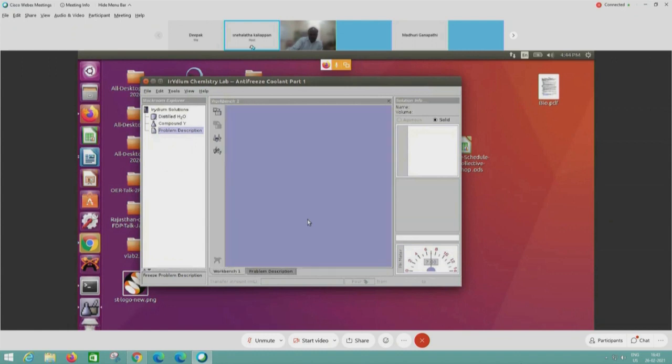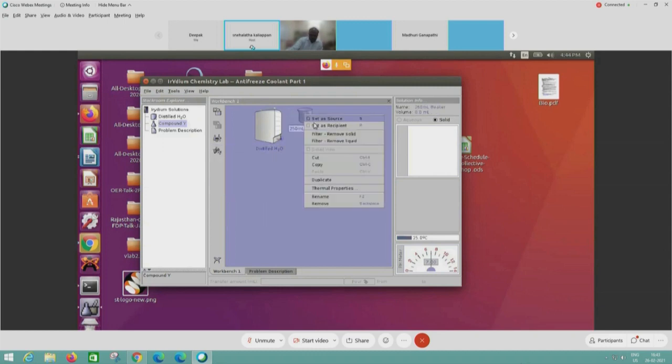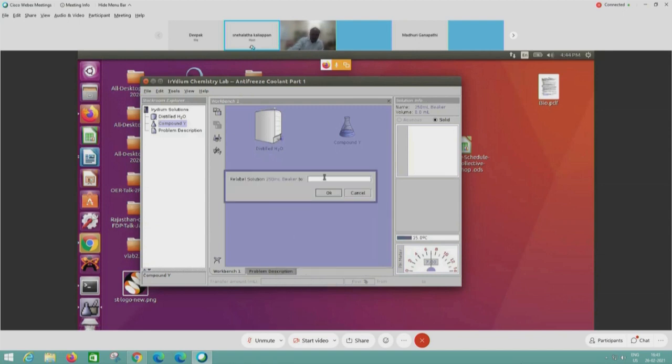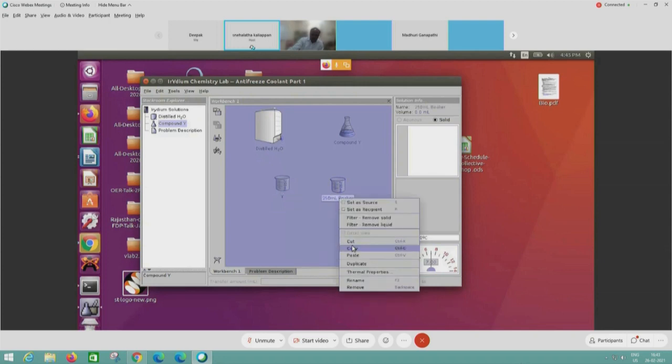So go to workbench. So let's take all of these first. Then we will take beakers. We'll take 2 beakers. We'll duplicate. We'll rename it. This is Y. And this is water.